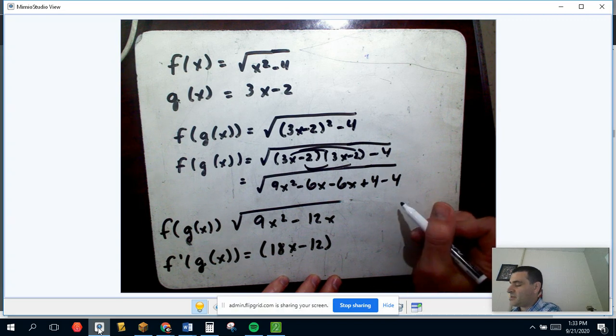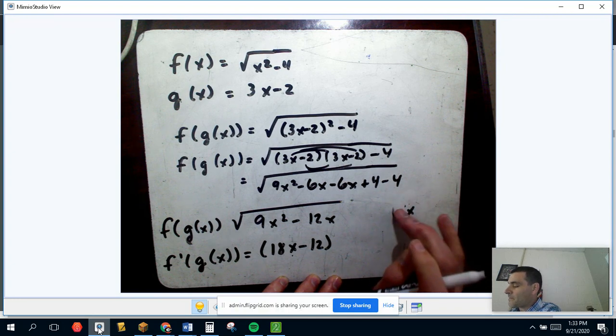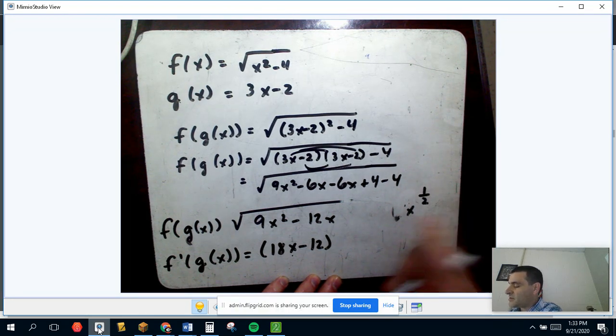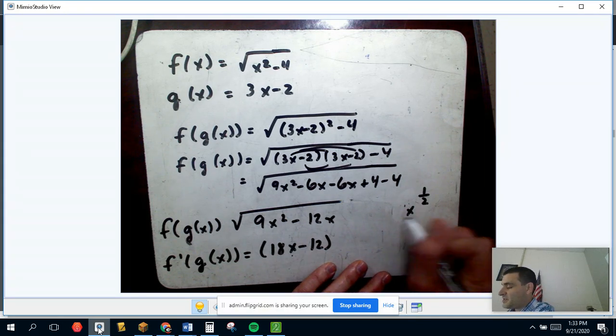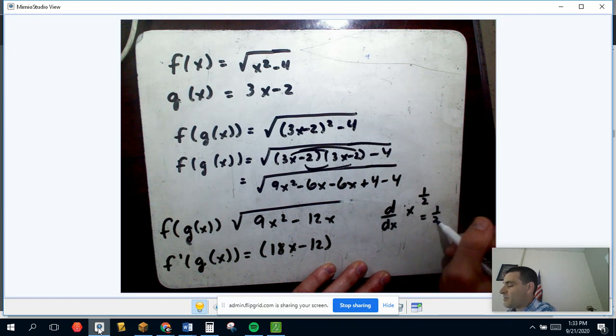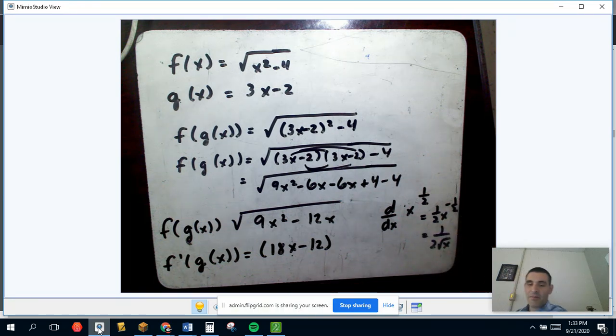All right, that is over to the side. If I'm taking the derivative of this, regardless of what's on the inside, square root, of course, is just x to 1/2 power. The derivative of this, 1/2 times 1 is 1/2. 1/2 minus 1 is negative 1/2, which in turn puts it on the bottom like that.